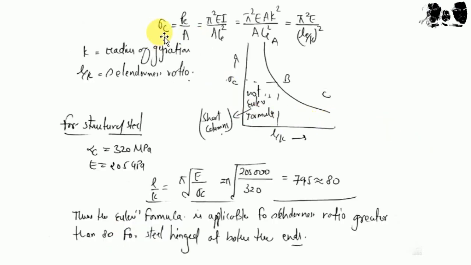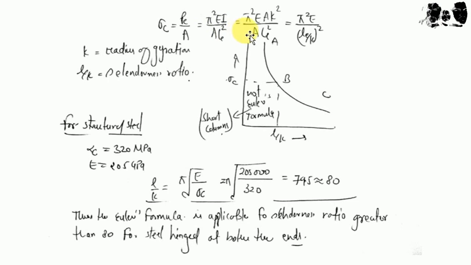Now if we know that P is the crippling load, then we can easily find the failure stress or critical stress, if we know the cross-sectional area of a beam. So sigma c represents the critical stress, which we can find by dividing the critical or crippling load by area. We already have the formula of P, which is pi square EI upon LE square, and A is already there.